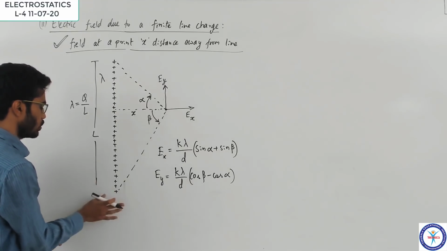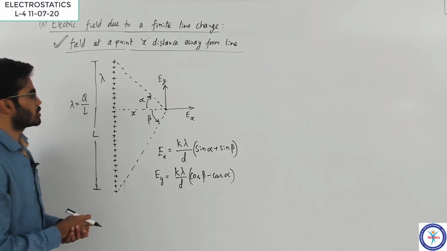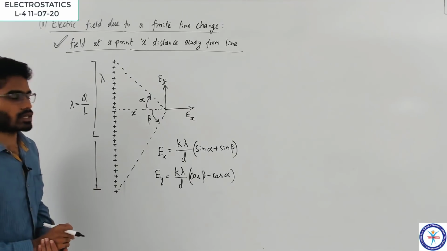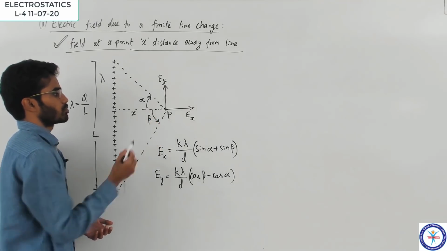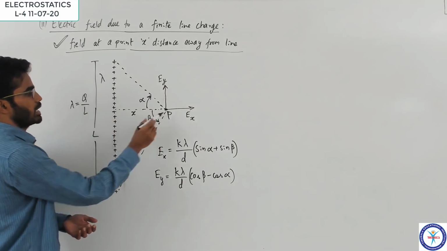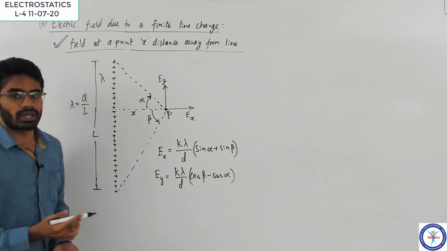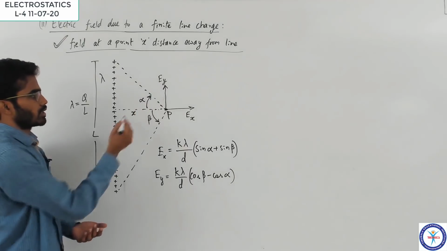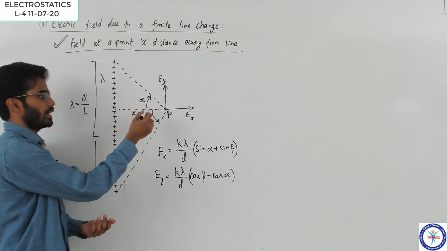We can extend this to infinity. First, let us see the finite case. There is a finite line charge distribution, and we want to calculate the field at a point P, which is x distance away from the line, in such a way that it subtends these angles. The angles are known here, alpha and beta.